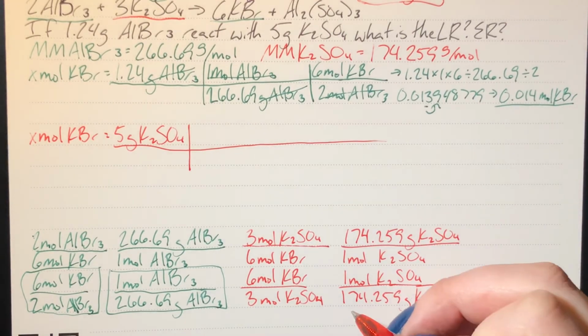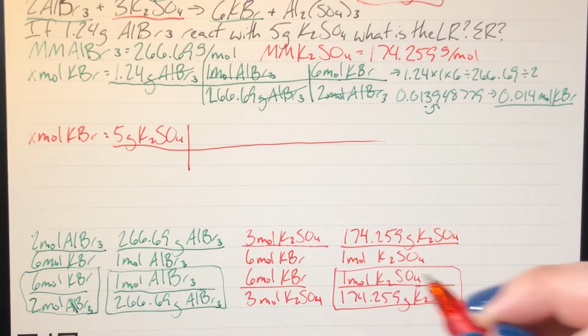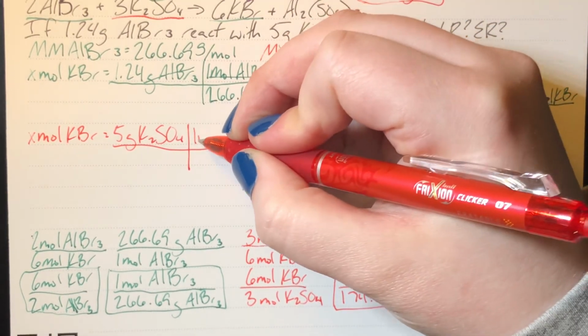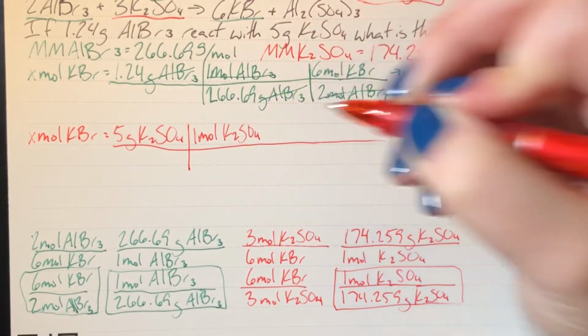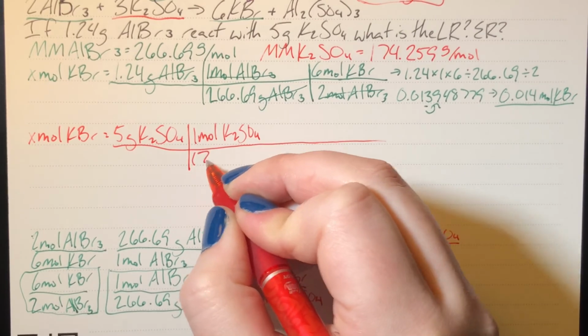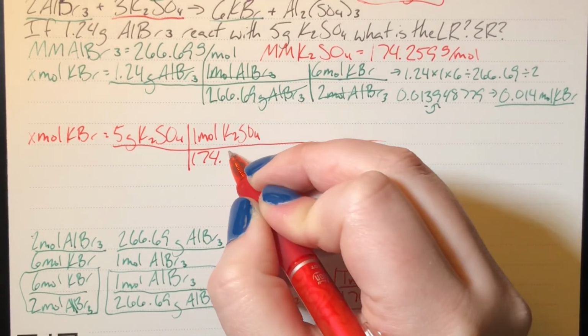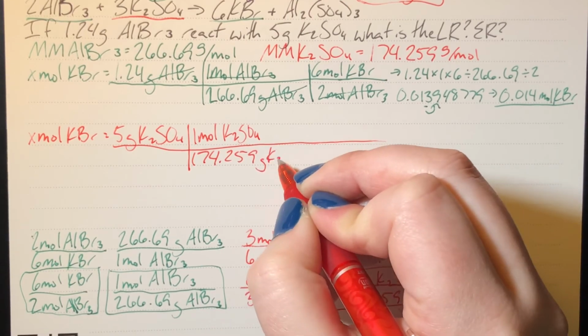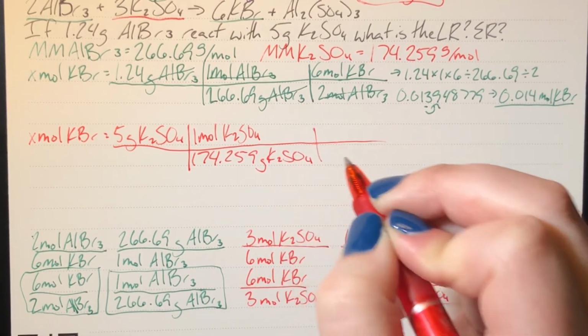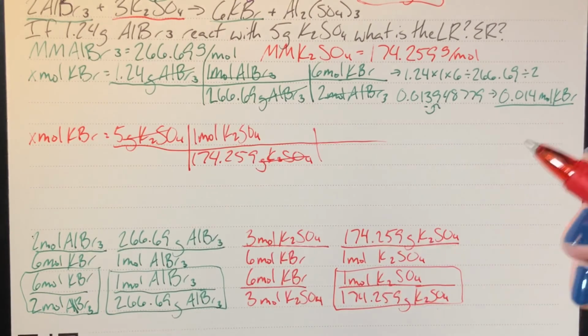Need to get out of grams, so that means I'm going to choose a molar mass with grams on the bottom. Grams cancel, leaving me with moles.